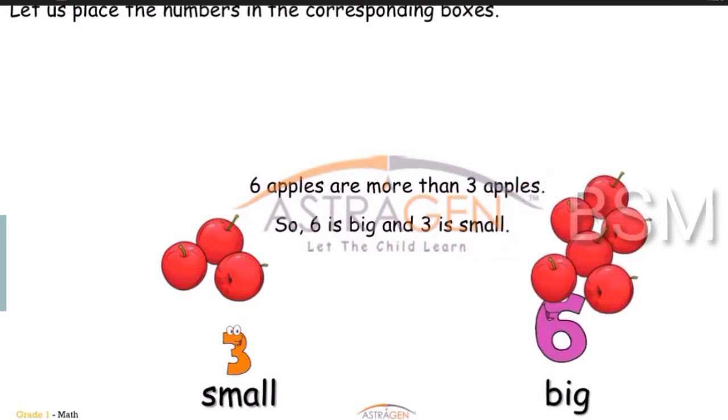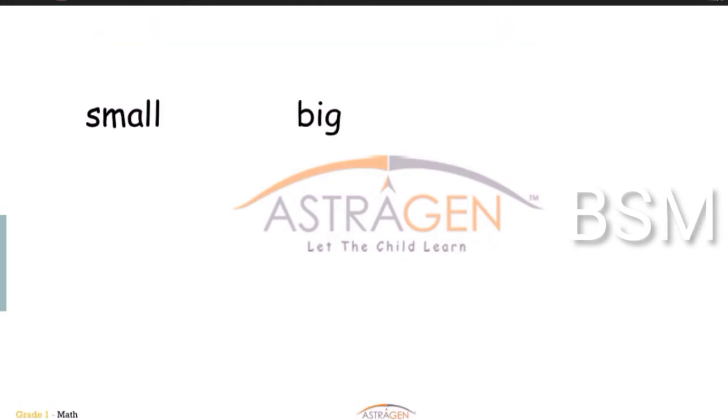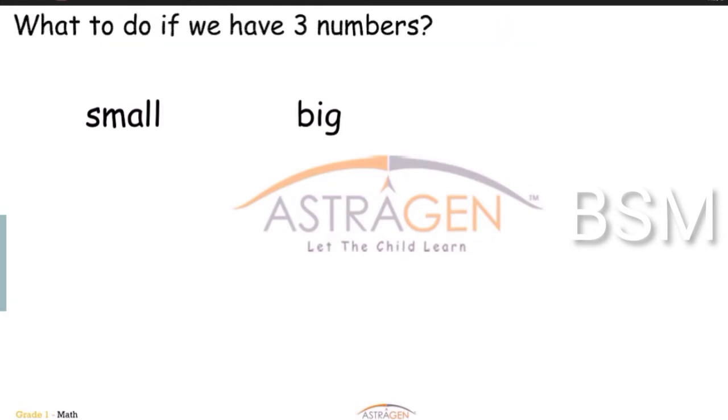Got it, children? We have also learned the comparison of numbers, right? So we know what is big and what is small. Now, children, when we compare two numbers, we say big and small or small and big, right? Now what if we have to compare more than two numbers? Then we use the word bigger.